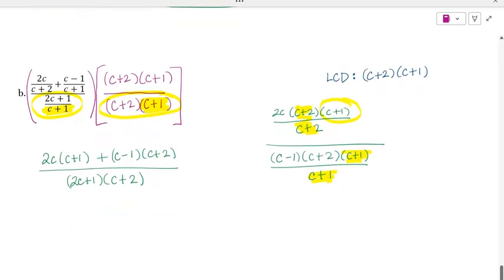So let's see if we can simplify this at all. Let's multiply the numerator out. I've got 2c squared plus 2c. And then over here, I'll have c squared plus 2c minus c minus 2. I'll leave my denominator in factored form.